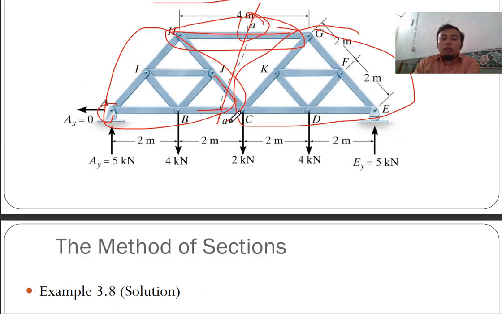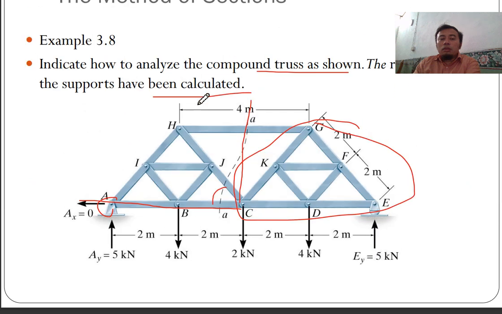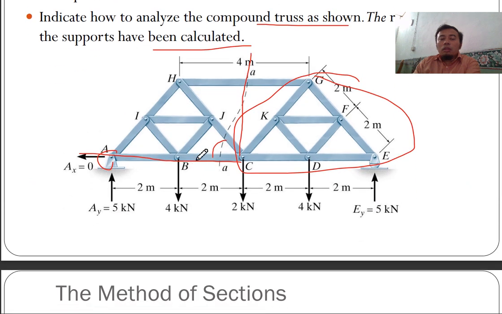This is due to this, when you resolve this 4 meter, you have this triangle. So you have this triangle of 4 meter. 4 meter here resolves to 60.